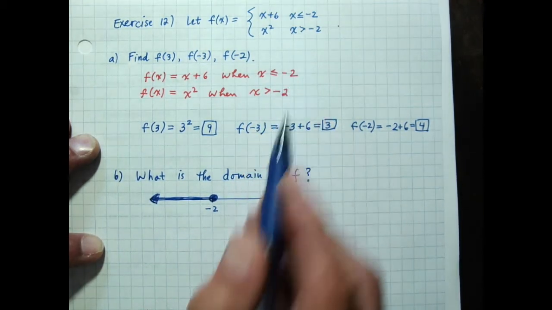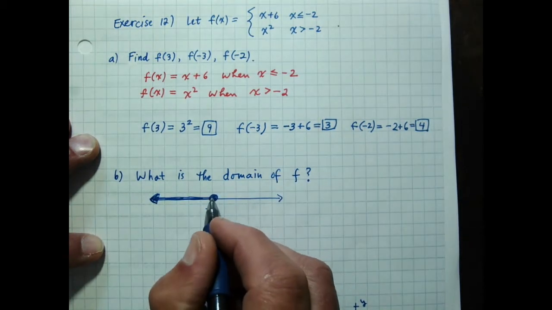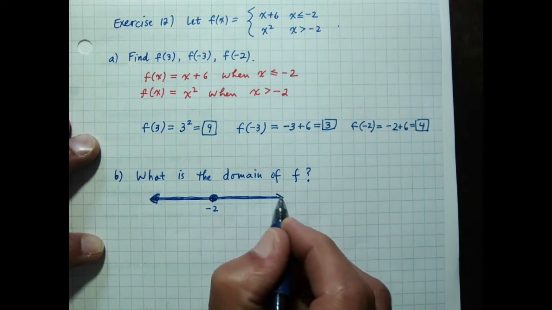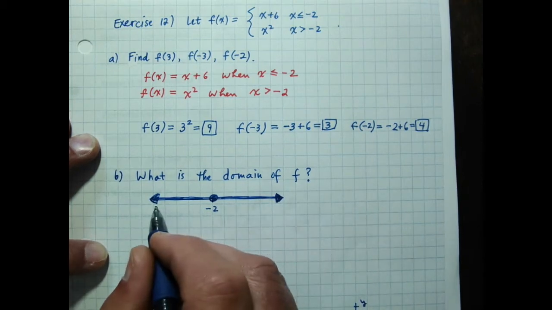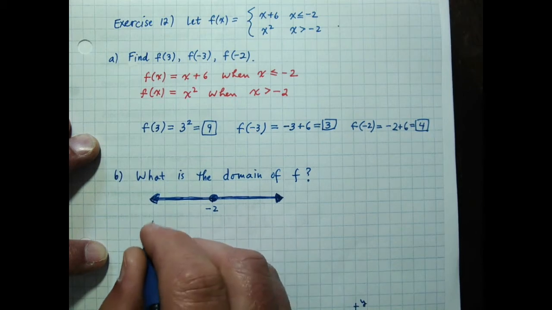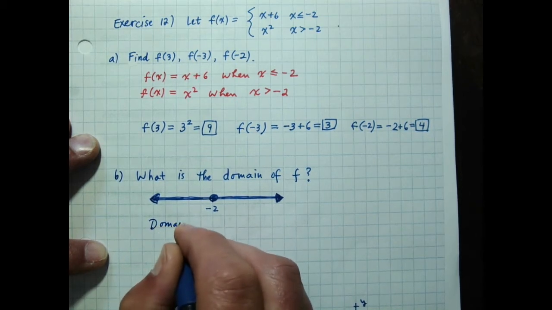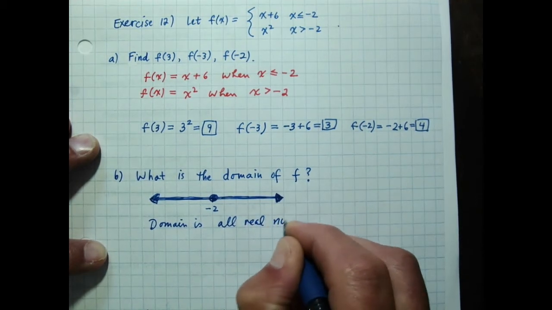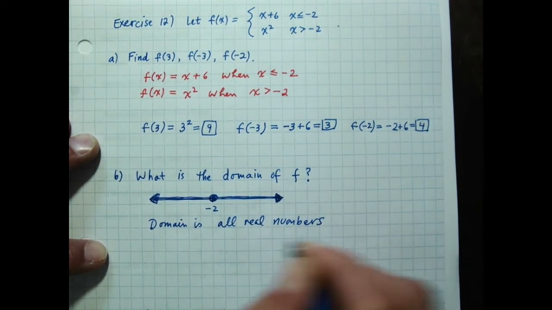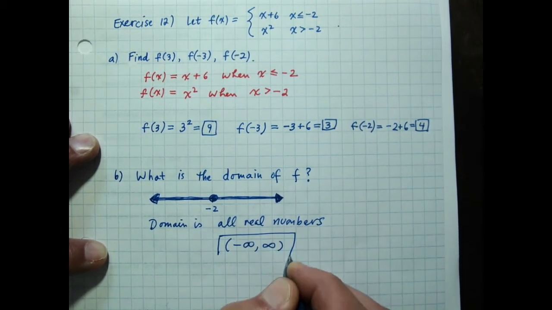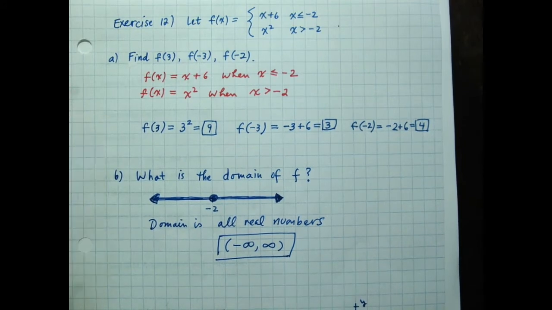We use the other formula when x is not equal to negative 2, but just greater than negative 2. So for all values of x, though, this function is defined, so the domain is all real numbers, which in interval notation we write as negative infinity to infinity in parentheses.